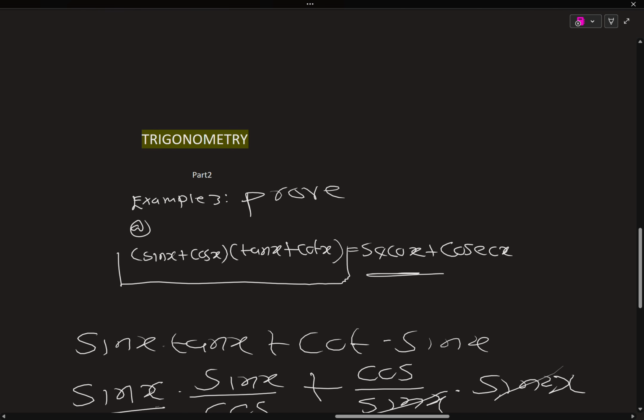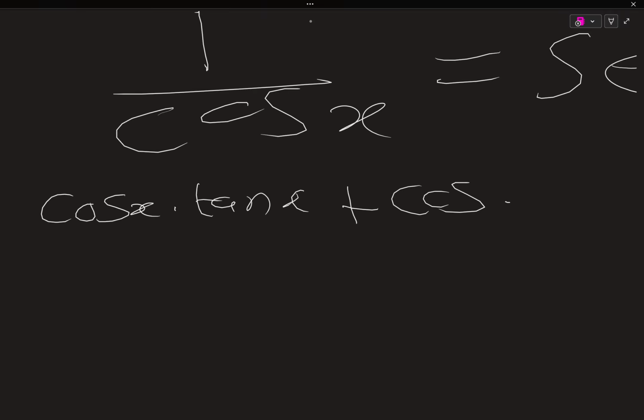Let's multiply cos multiplied with tan, cos multiplied with cot, right? Cos multiplied with tan is simply cos x multiplied with tan x, plus cos multiplied with cot.